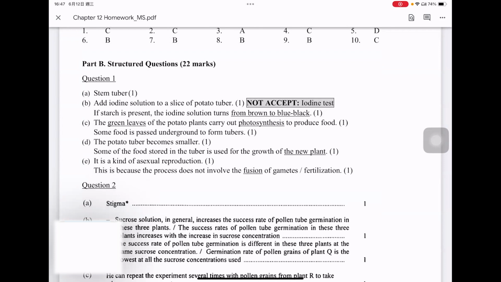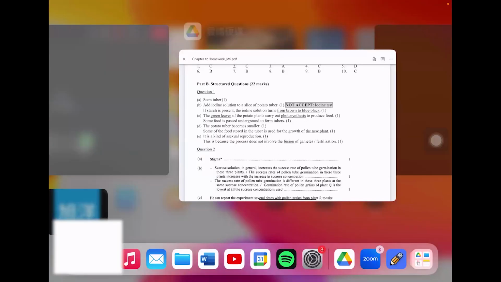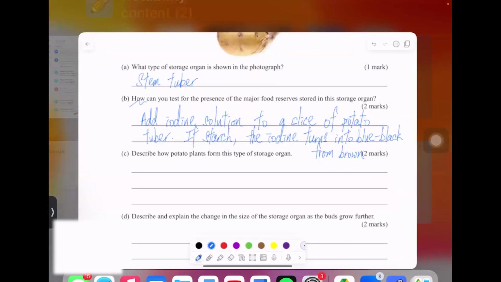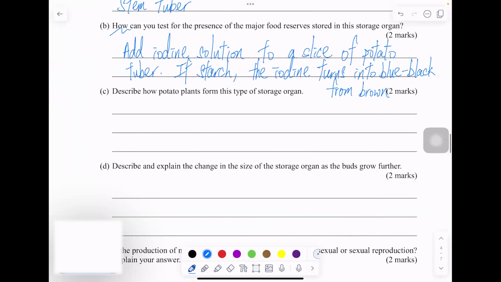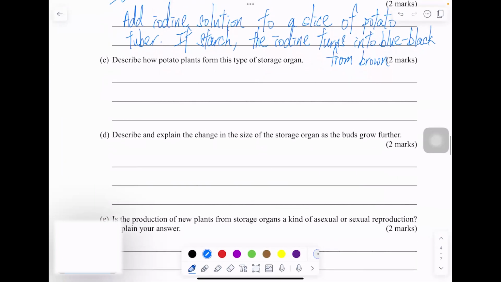Next, describe and explain the change in size of the storage organ as the bulb grows further. As it grows, it is consuming the nutrient or the food stored inside the stem tuber.